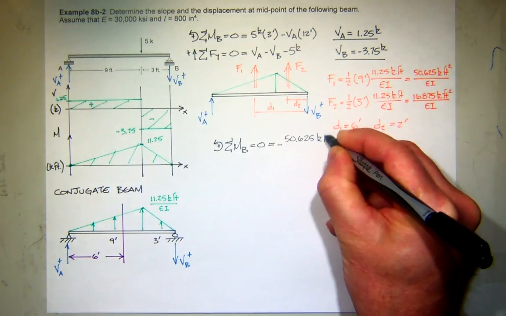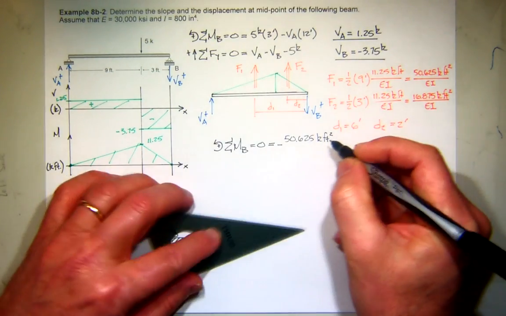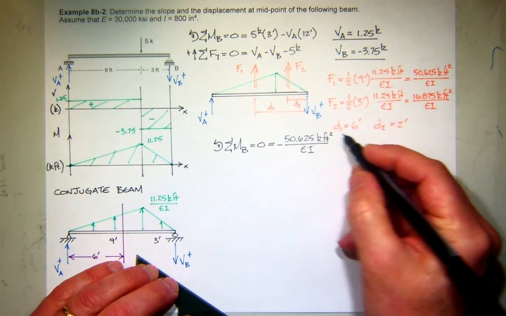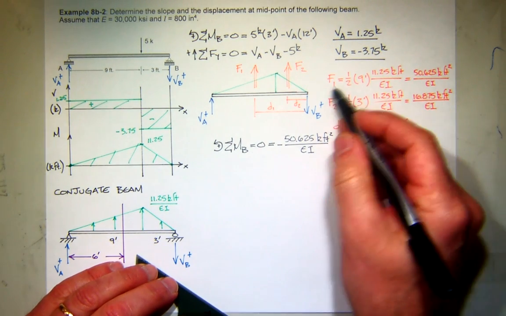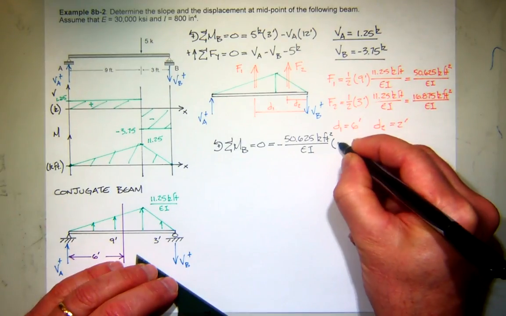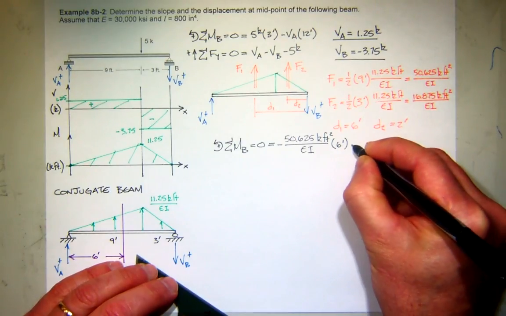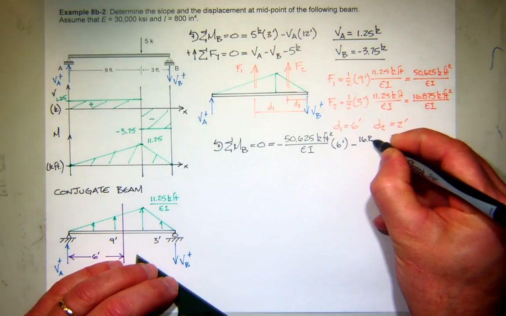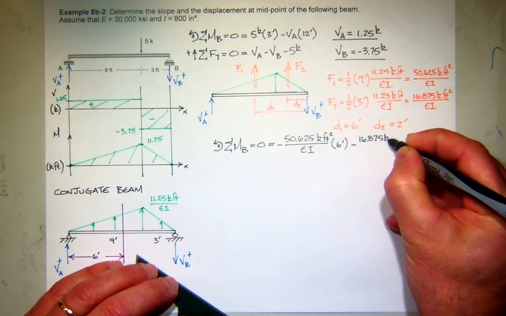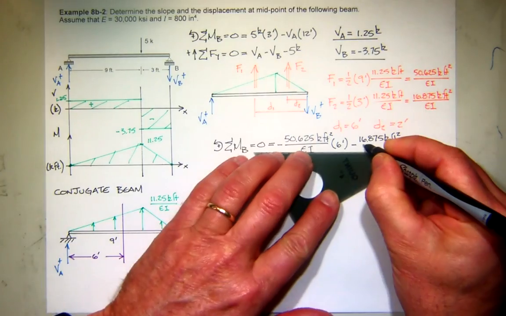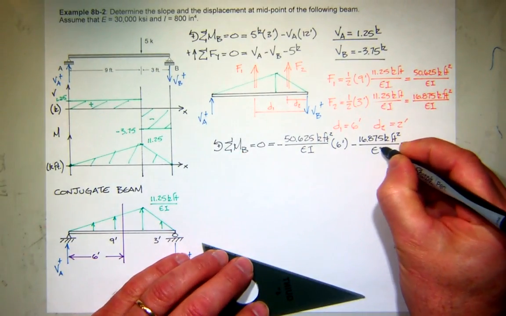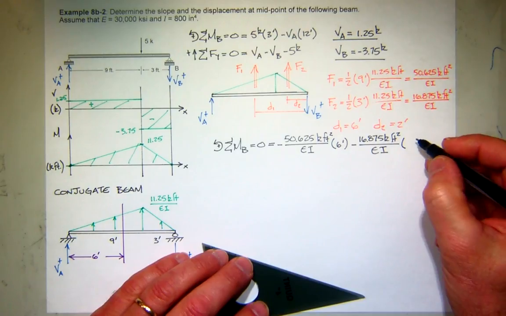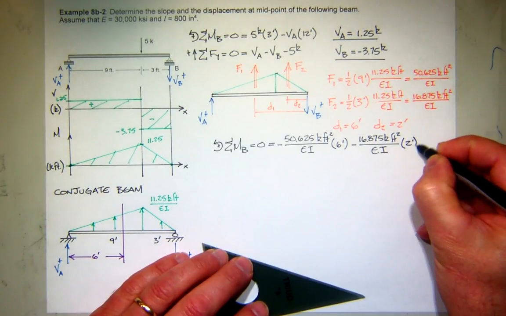50.625 kip feet squared over EI. It's a lot to write down. Times, that was F1 times D1, and D1 is 6, minus F2, which is 16.875 kip feet squared over EI times D2, which is 2 feet.